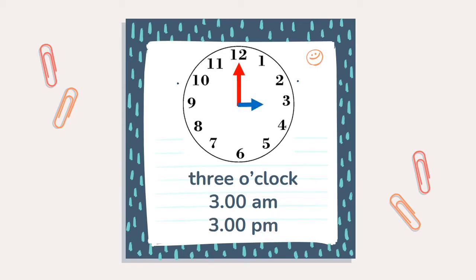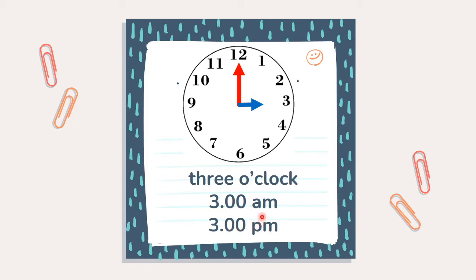For this one, the long hand is still at number 12, so we use o'clock, and the short hand is pointing to number 3, so it's 3 o'clock, or 3 a.m. in the morning, or 3 p.m. in the evening or at night.